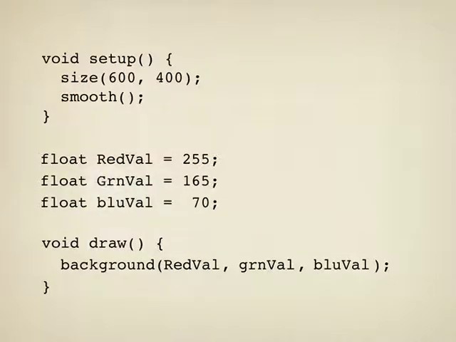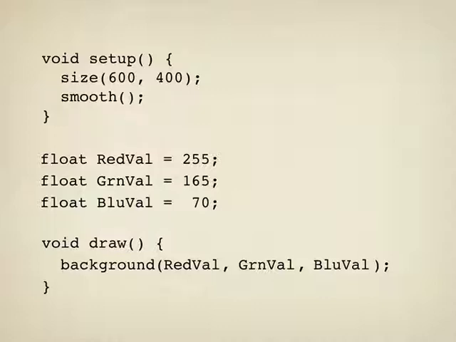Start your global variables with capital letters and then always refer to them with, of course, a capital letter because that's their name. And now when you have something like this and you look at that bottom line, background, red val, green val, blue val, you can instantly see, oh, those are global variables because they begin with a capital letter. So that's my convention. I adhere to it and I strongly recommend you do too.